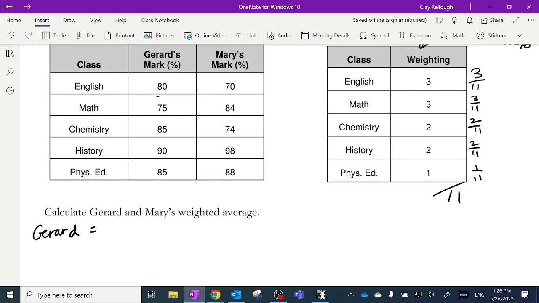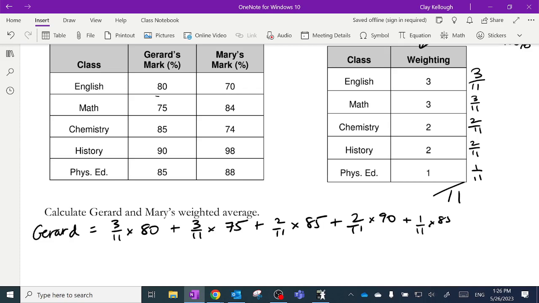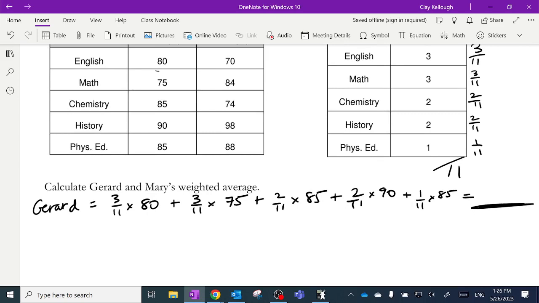You can say 3/11ths of 80 plus 3/11ths of 75 plus 2/11ths of his chemistry mark, 85, plus 2/11ths of his history mark, which was 90, add 1/11th of his phys ed mark equals his grade.